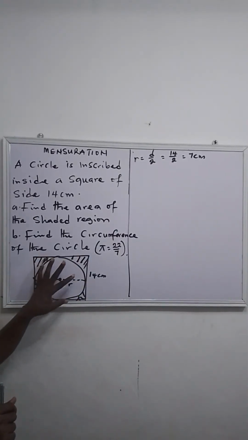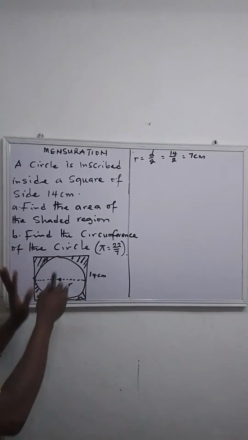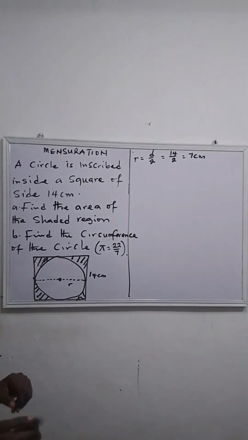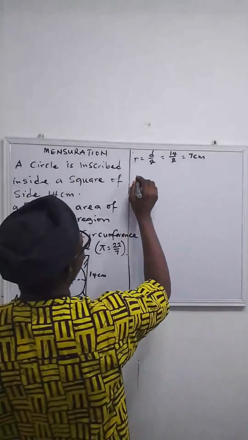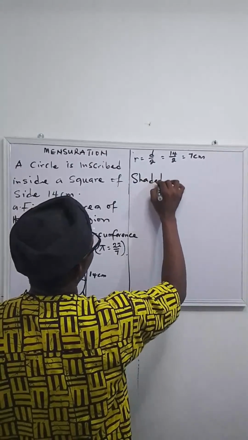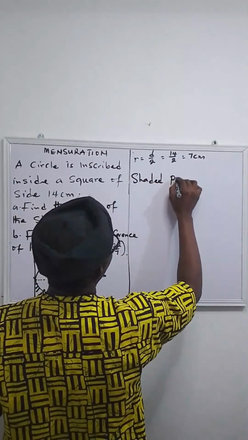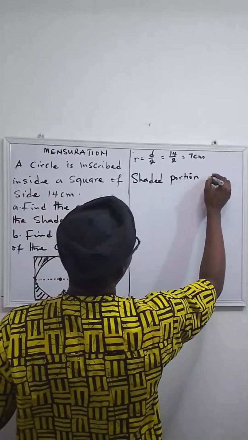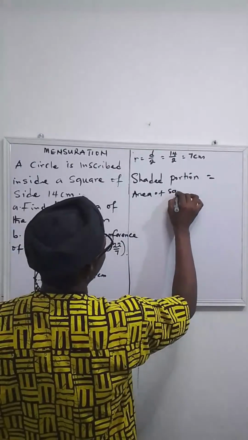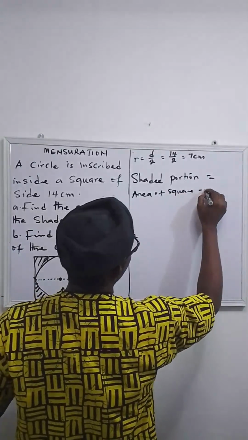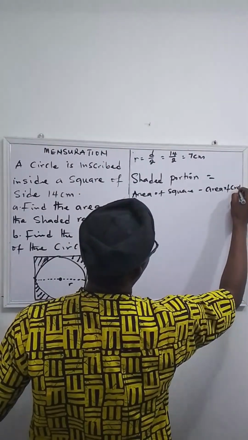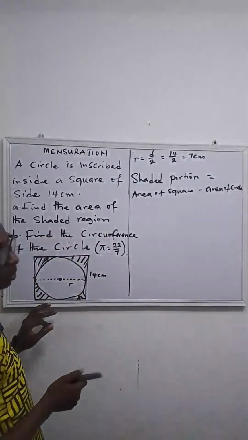Now I will take away area of this circle from this square. So what I am left with is going to be the shaded portion. All right. So now I will write shaded portion or region is equals to area of square minus area of circle. Okay, you get that now?